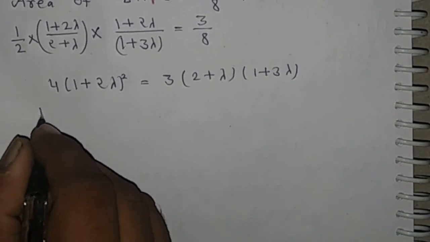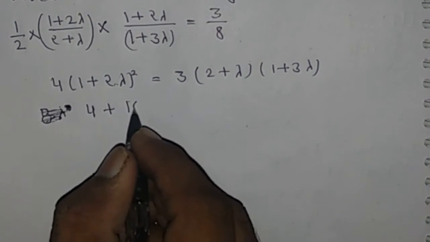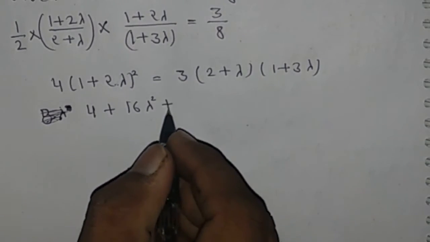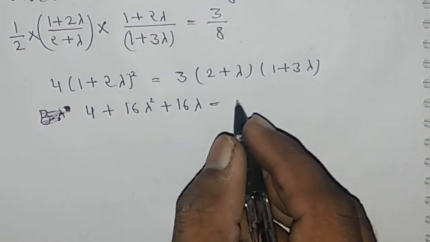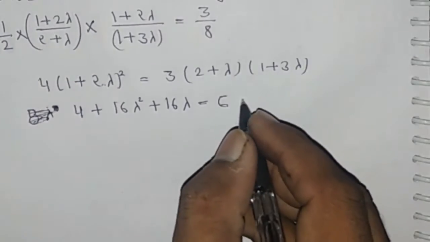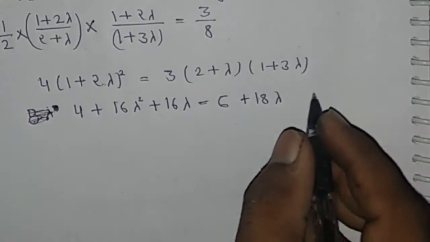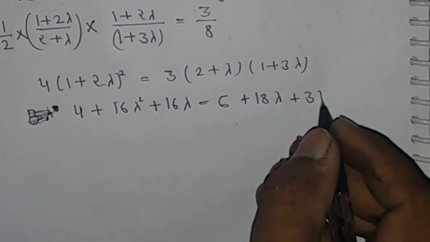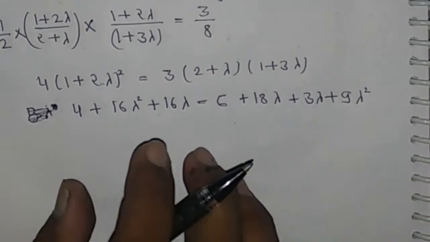Now open the bracket. We have 4 plus 16 lambda plus 16 lambda square equal 6 plus 18 lambda plus 3 lambda plus 9 lambda square.